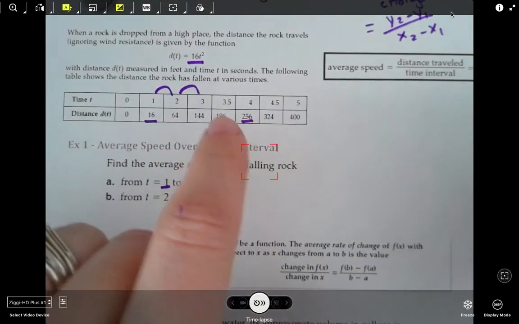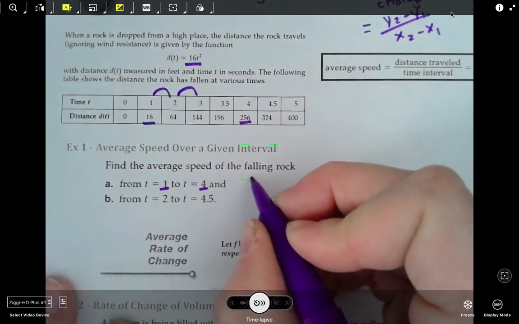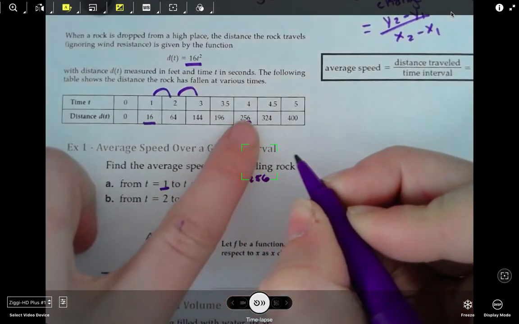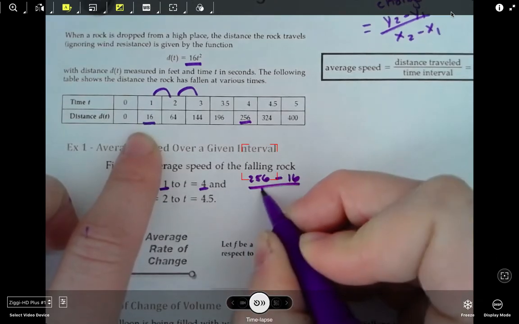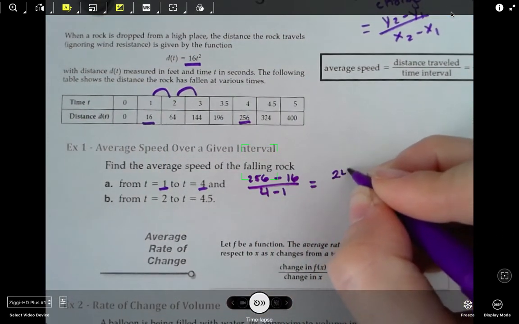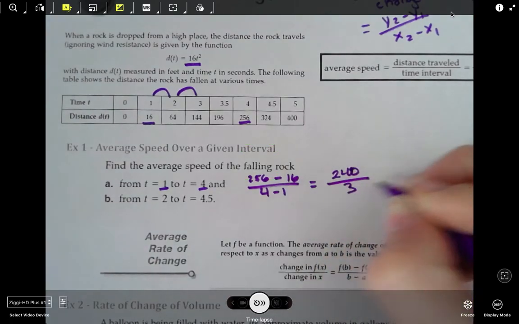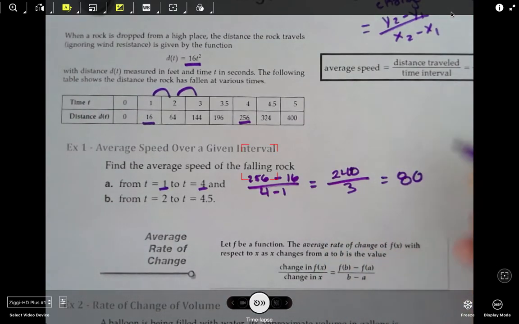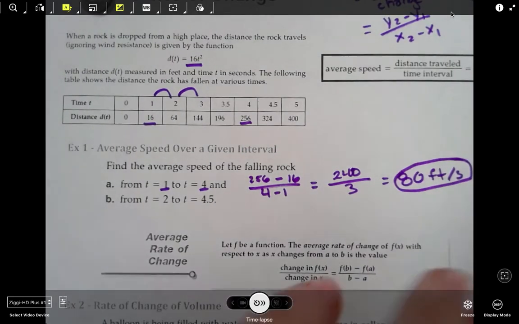So if you're going from 1 second to 4 seconds, you basically do 256, which is the y-coordinate here, minus 16, over 4 minus 1. And that is 240 divided by 3, which is 80 feet per second. So on average, it is going 80 feet per second from 1 second to 4 seconds.